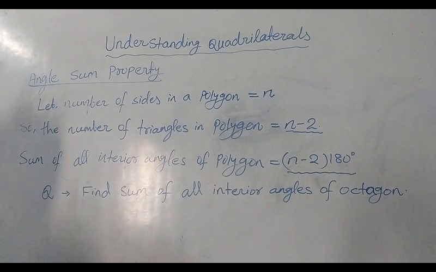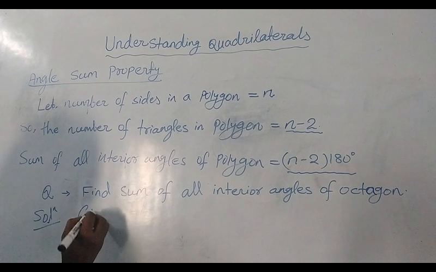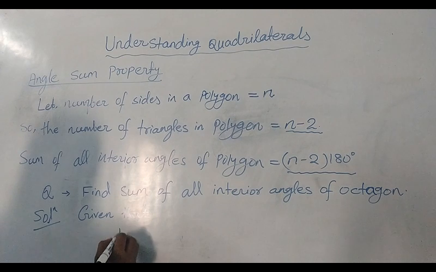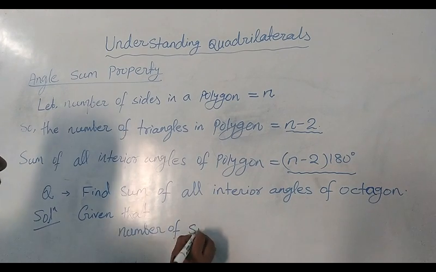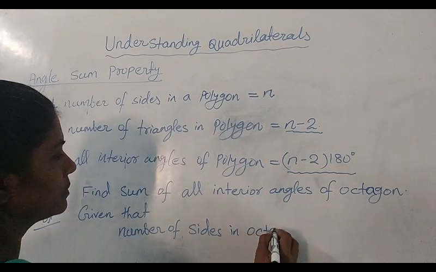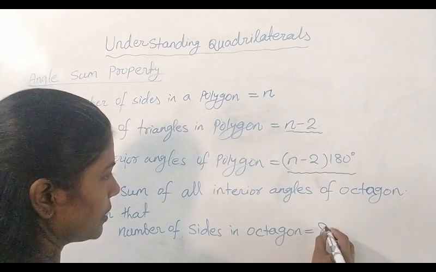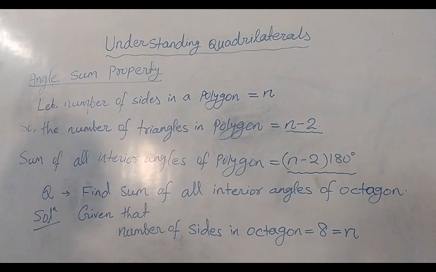An octagon has 8 sides. So the solution: the number of sides in an octagon is equal to 8, and we denote the 8 by n. n is equal to how much? 8. So the number of sides we have taken in the octagon is 8.